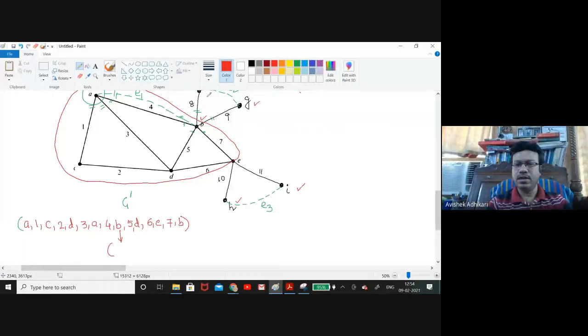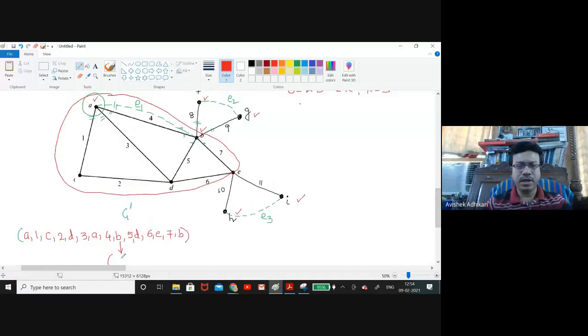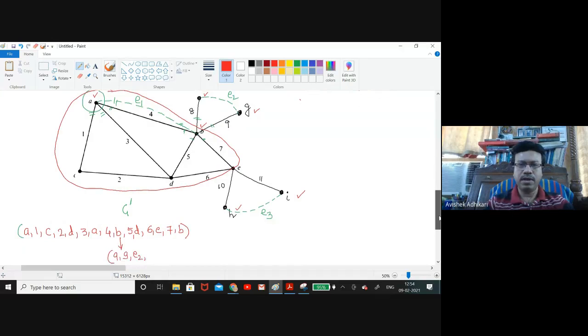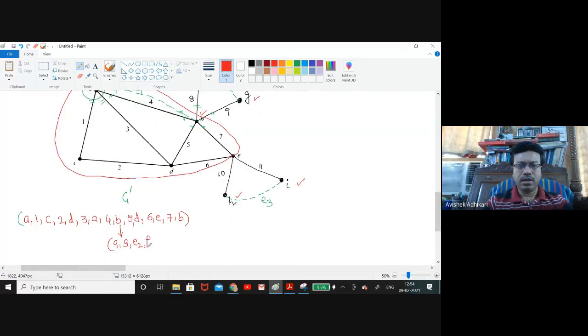So from B, I will use 9 to go to G, and from there I'll use E2 to go back to, I think it's F, right? It's F. So now you can see that when I come to B, I will just explore this path to again come back to B.